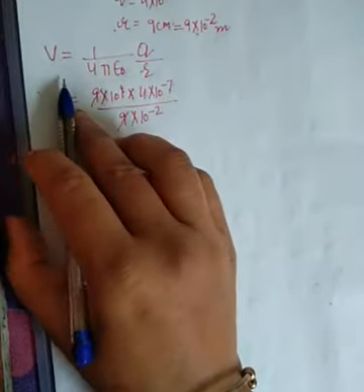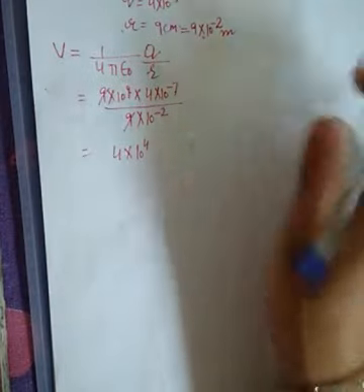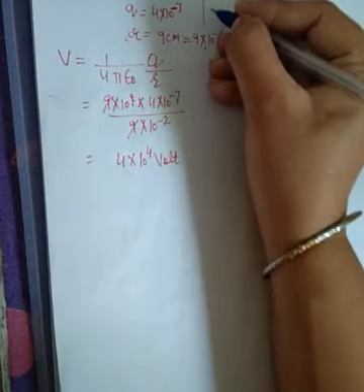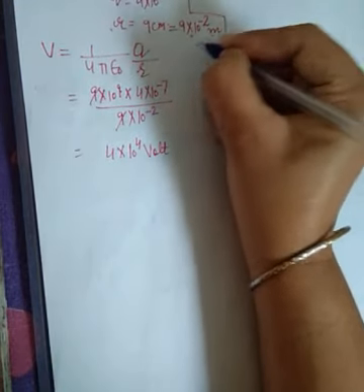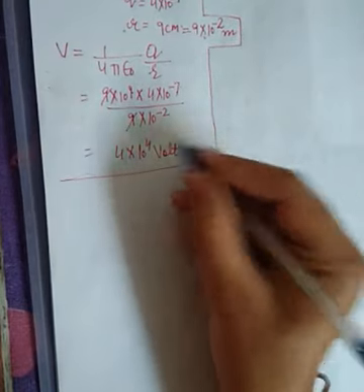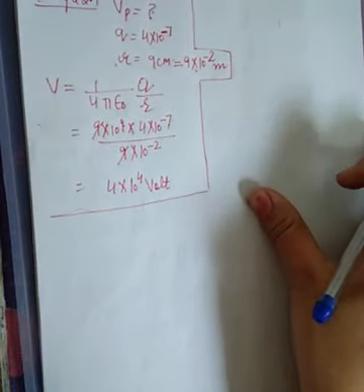We are calculating V. V means potential difference, so its unit will be volt. Okay, so it is the formula so as to calculate electric potential due to any charge at some particular position.